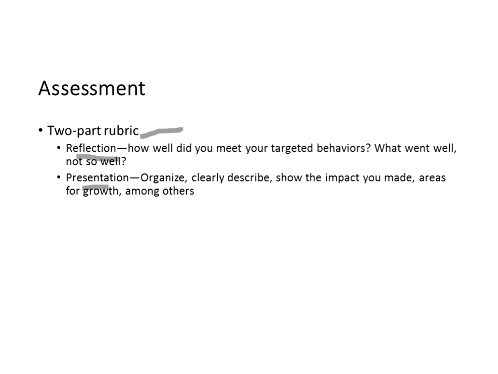And then, of course, you need to put the final written reflection together in such a way that it's organized. It clearly describes what happened. It shows the impact. It shows what you were trying to address. You have included all the required areas of the assignment, the A through D elements I mentioned on the previous slide. So again, it's a two-part rubric.